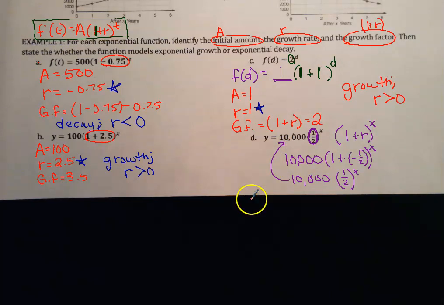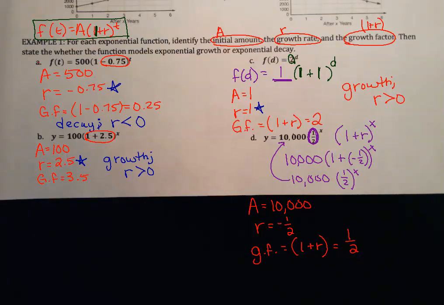All right, so for D, what's our initial value? Good, it's 10,000. What's our rate? Excellent, it's negative 1/2. What's our growth factor? Remember, that's that 1 plus r. That's a positive 1/2. Good.